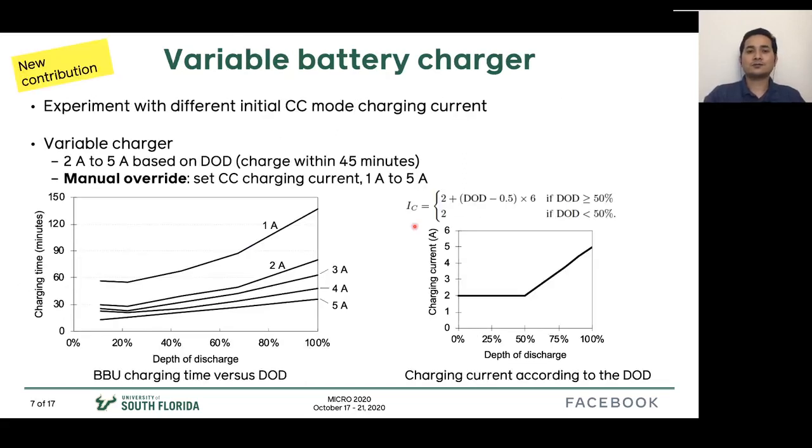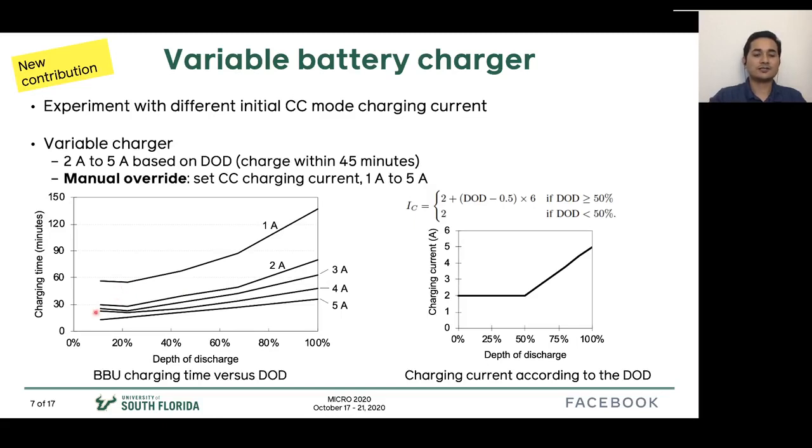To solve this problem, we propose a new variable battery charger, whereby we choose a charging current based upon depth of discharge. First, we experimented with different charging currents and measured the charging time for different charging currents and depth of discharge.